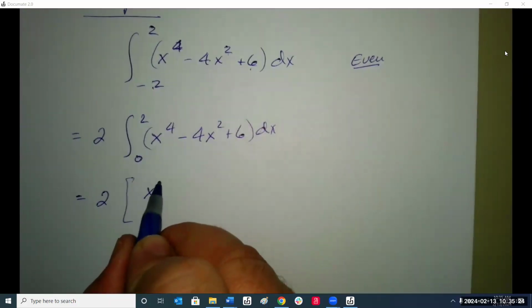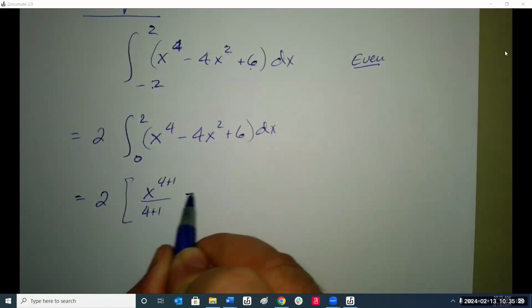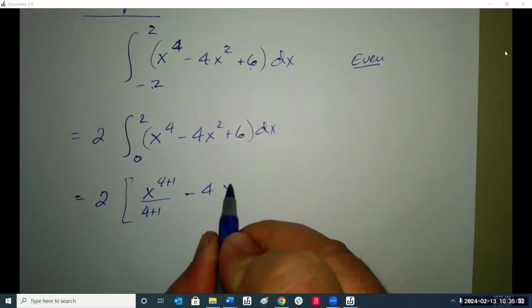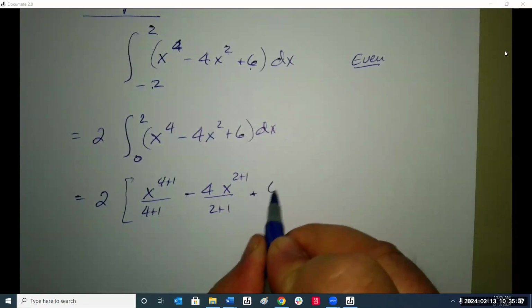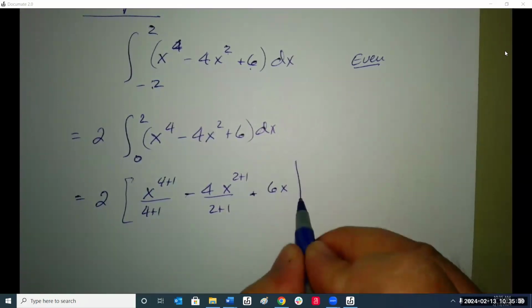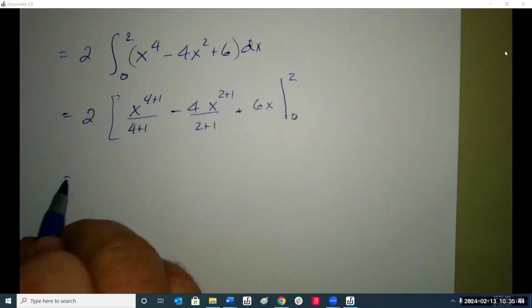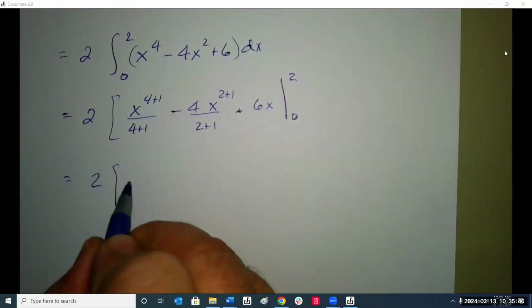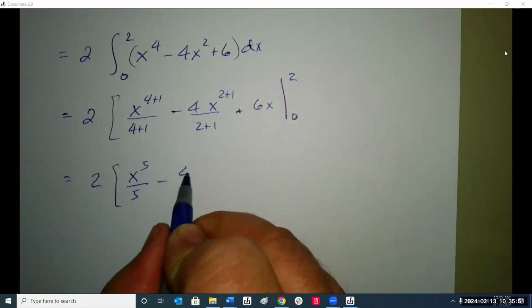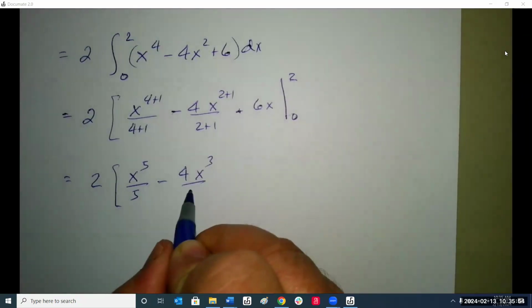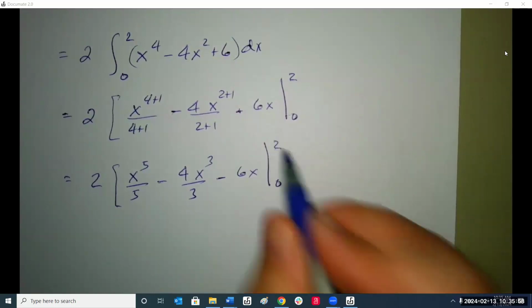This one would be 4 plus 1 over 4 plus 1, x to the 2 plus 1 over 2 plus 1, 6x. X to the fifth over 5, 4x to the third over 3, 6x from 0 to 2.